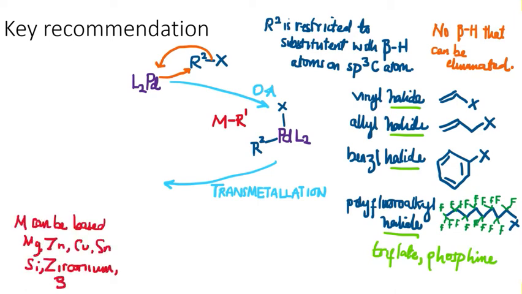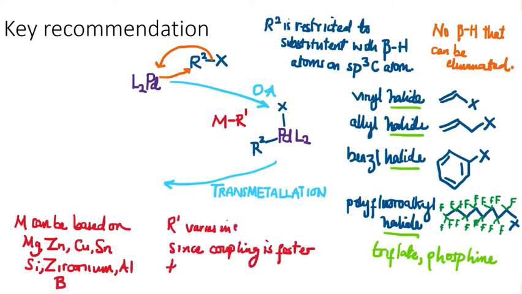Take note that the metals can be based on magnesium, zinc, copper, tin, silicon, zirconium, aluminium, or boron. Any one of these is suitable for this form of organometallic. And take note that our R1 varies in structure since the coupling is faster than the beta hydride elimination. That is one thing to take note of.